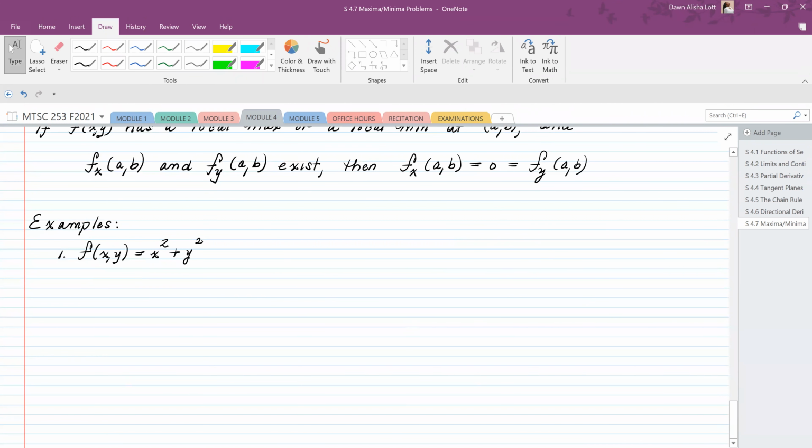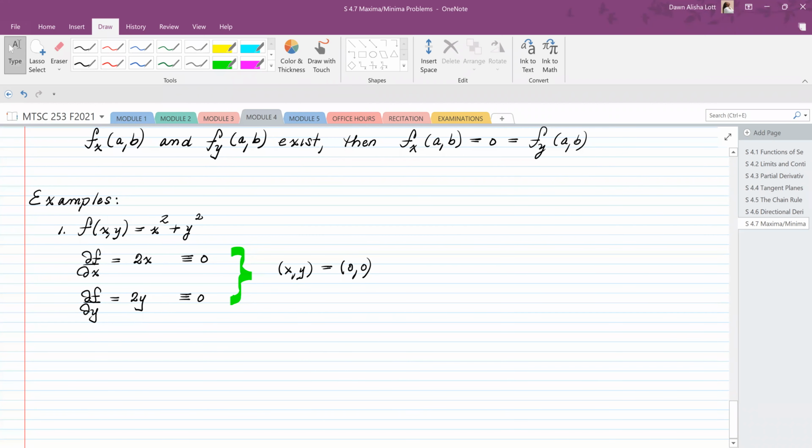So when you take the partial of f with respect to x, you get 2x, and then you take the partial of f with respect to y, you get 2y. So if we let 2x equal 0 and we force 2y to equal 0, then we get that the point x, y has to be the point 0, 0, which is exactly what we saw. Okay, and we had a local min.